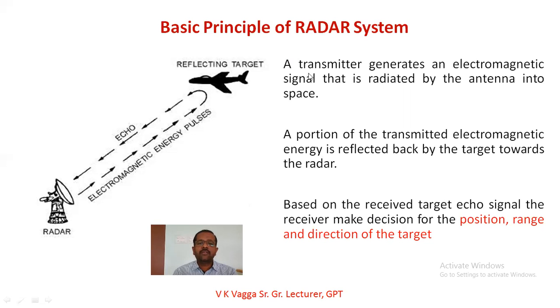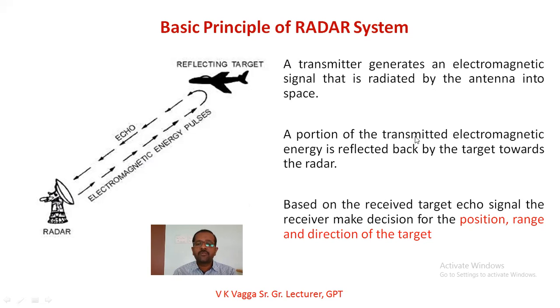A transmitter generates an electromagnetic signal that is radiated by an antenna into space. This is the transmitter, connected with the antenna, and it radiates the electromagnetic signal into space.